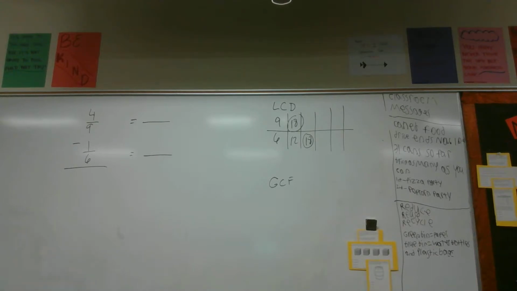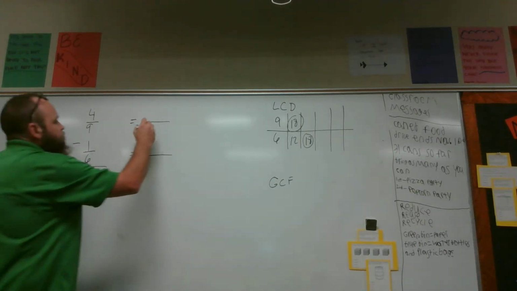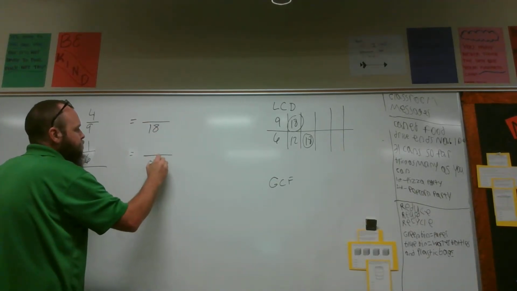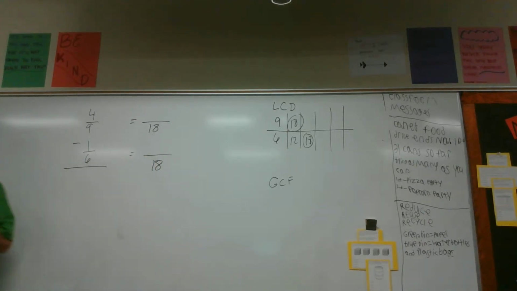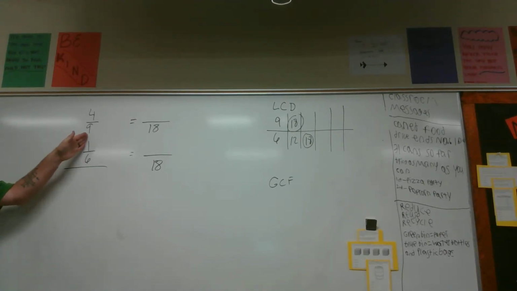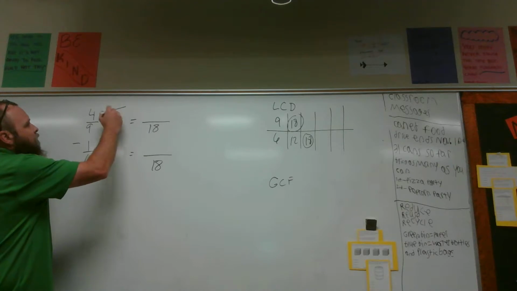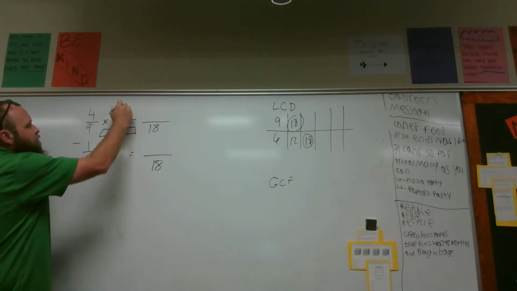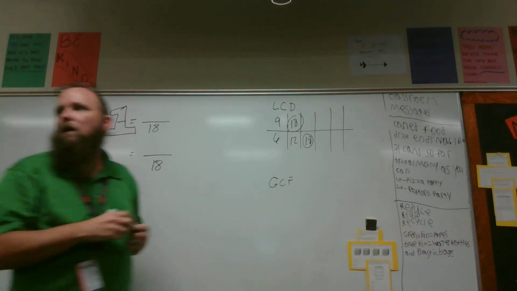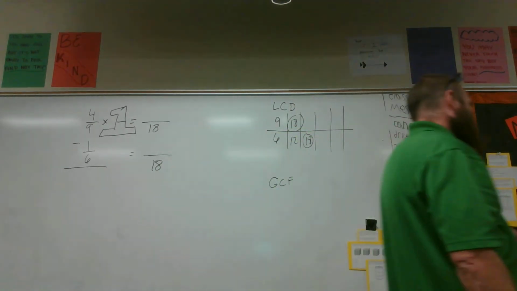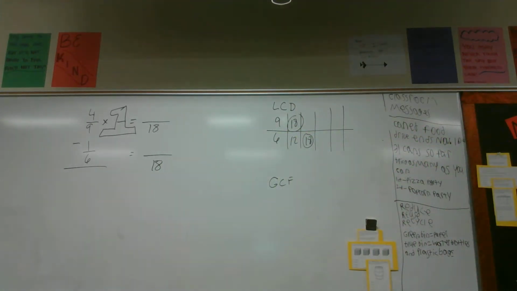All right, so we have our common denominator of 18. So we've done step 1, found our common denominator of 18. Step 2 is I need to find a fraction that is equivalent to 4/9 that has a denominator of 18, which, Maddie, means I need to multiply by a fraction that equals 1.